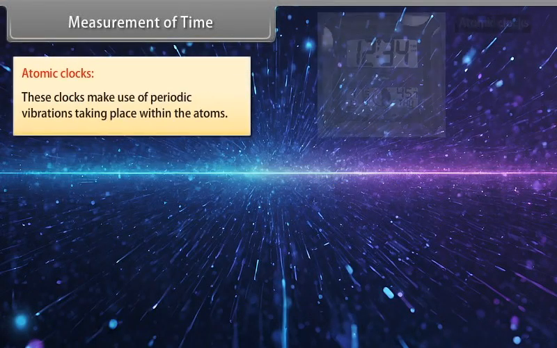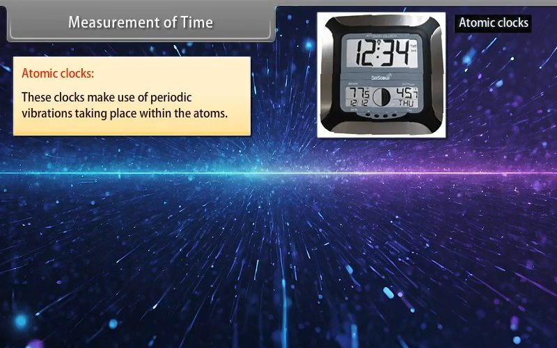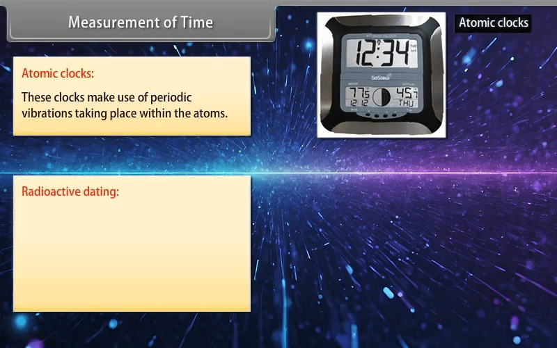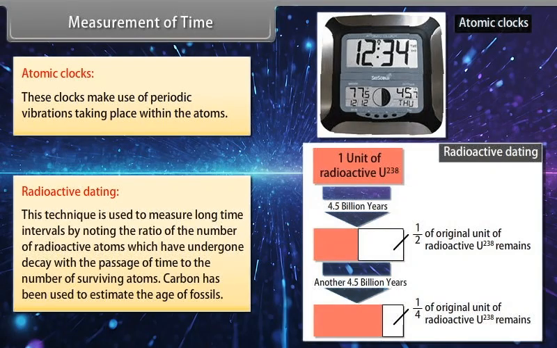Atomic clocks. These clocks make use of periodic vibrations taking place within the atoms. Radioactive dating. This technique is used to measure long time intervals by noting the ratio of the number of radioactive atoms which have undergone decay with the passage of time to the number of surviving atoms.